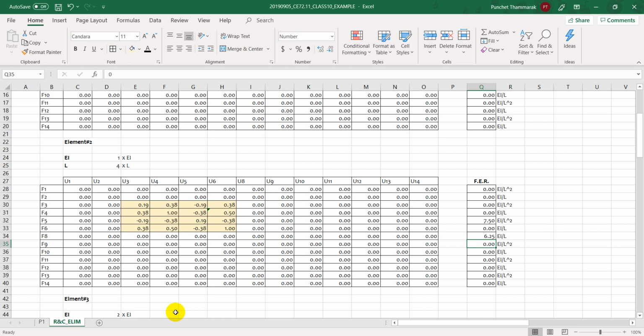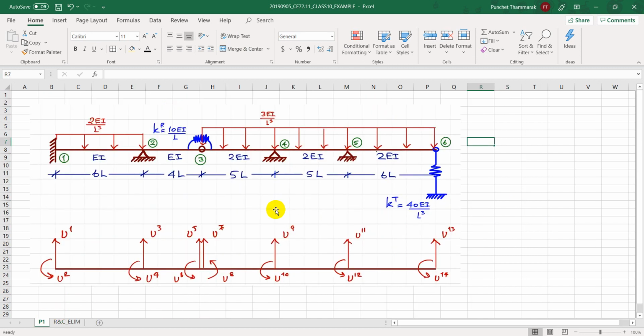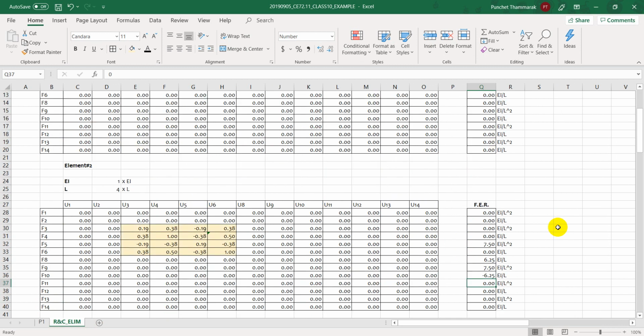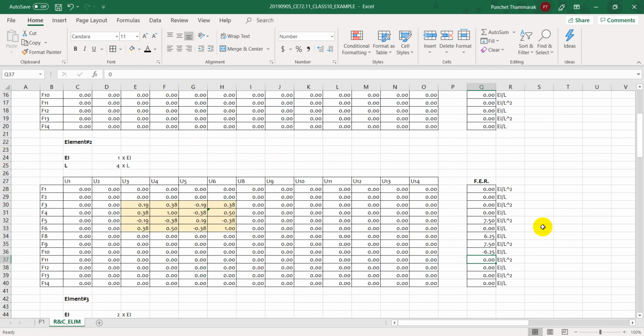And then what is the next degree of freedom? Number 9 and number 10. Number 9 will be equal to that one, and number 10 is equal to the minus of this one. Oops, sorry, wrong one.